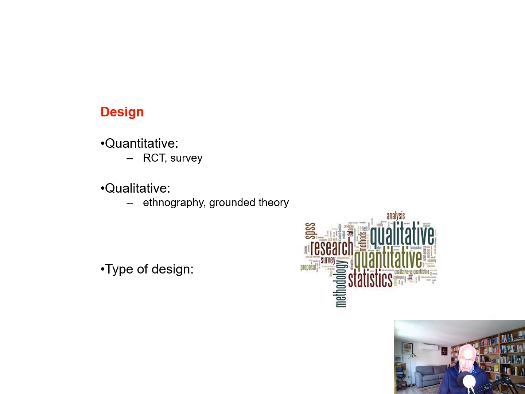Now, I just want to do this very quickly because I don't want to turn this into a research methods lecture, but just to be clear that the designs can be either qualitative or quantitative, and the quantitative can be RCTs or surveys. Qualitative could be ethnography, grounded theory, and you should also include something about the type of the design. Was it cross-sectional or longitudinal?